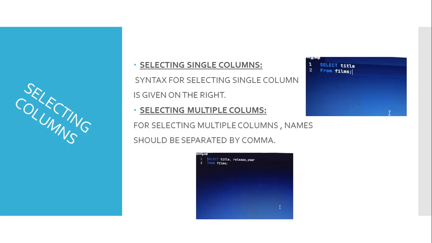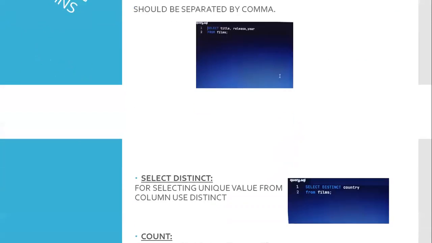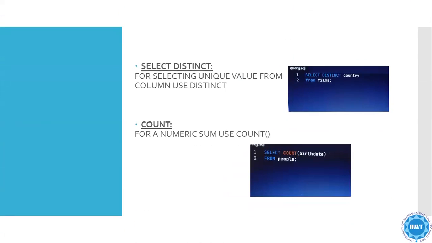If you want to select multiple columns, then the syntax would be the same, but the column names would be separated by commas. If I want to select any distinct or unique value from the table, then I will simply write the keyword DISTINCT before the column name. If I want a numeric count of any column, then simply the column will be wrapped in the COUNT function.